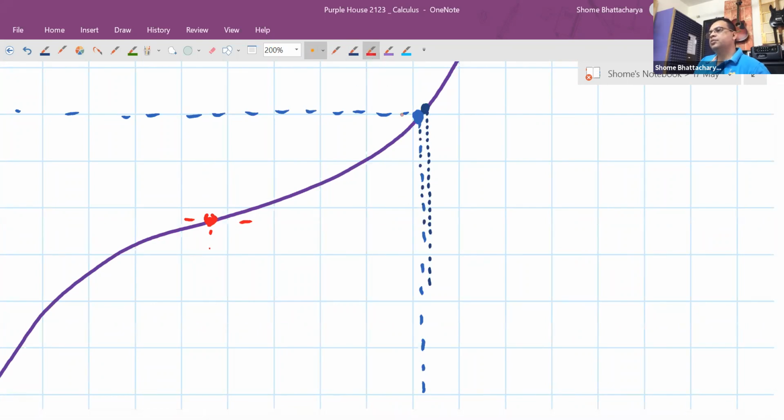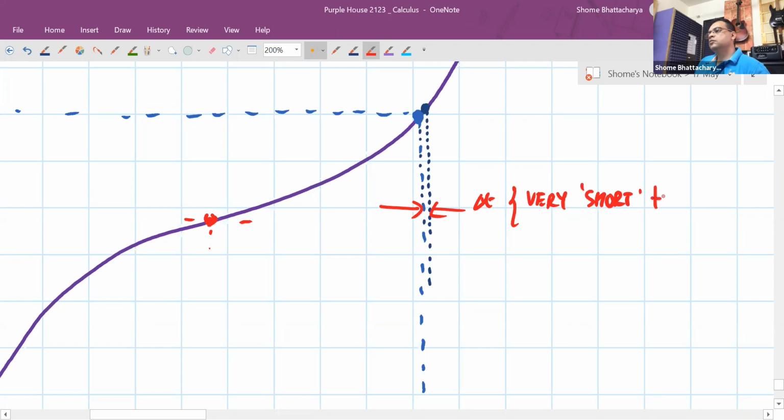So this part is my change in time, but my change in time is extremely short. Like a millisecond or a microsecond, whichever is feasible according to my measurement.